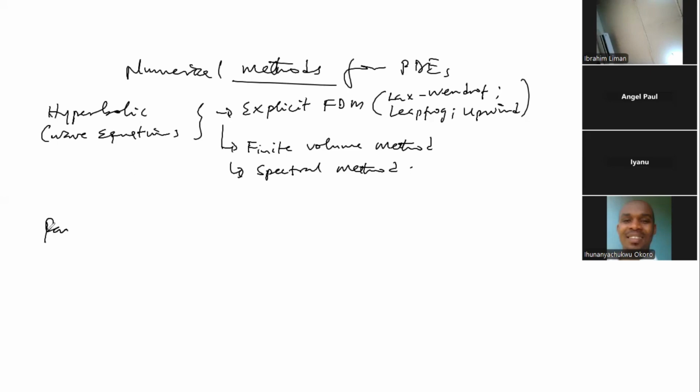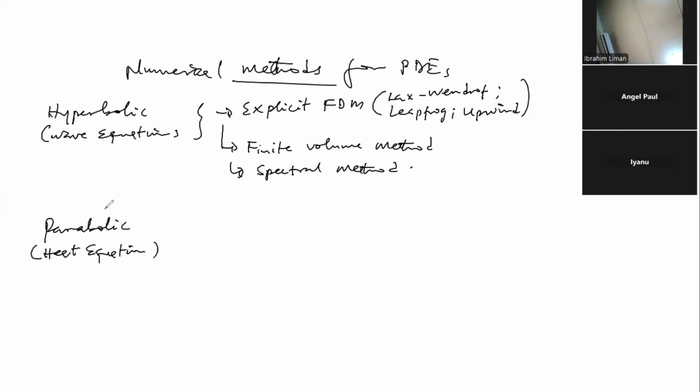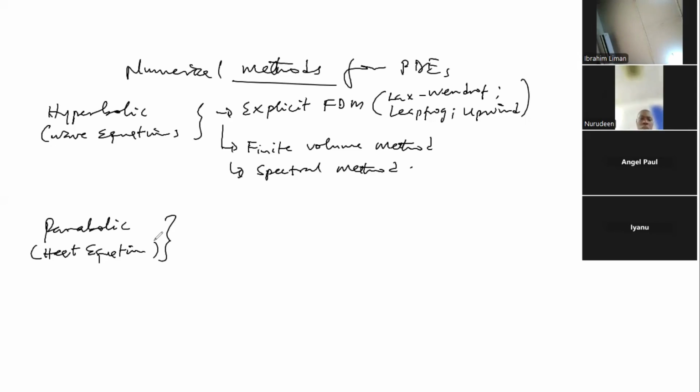Then we have for the parabolic model, where we talked about the heat equation. And now for this, we understand that the behavior of the system is diffusive. Okay, so we need some kind of smooth solutions over time. Then you want to look up the implicit finite difference method.